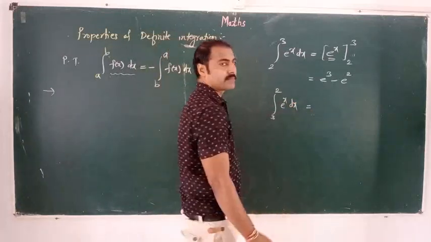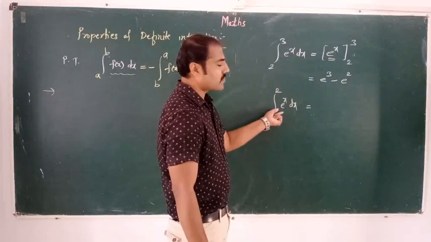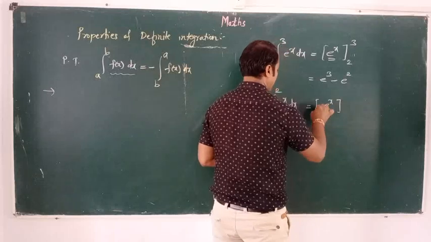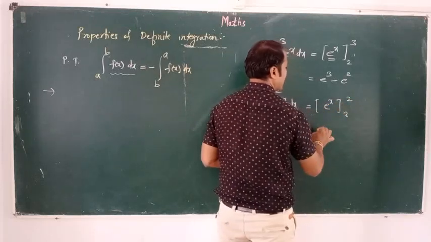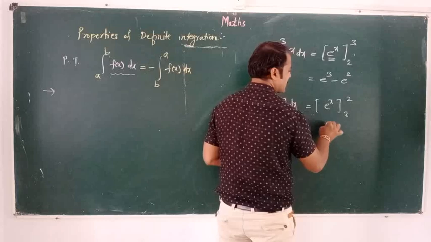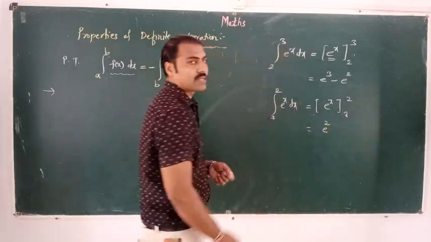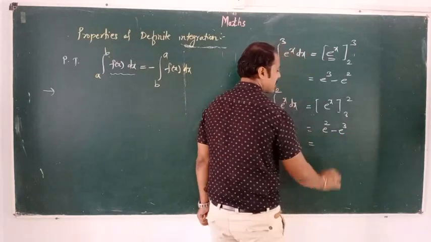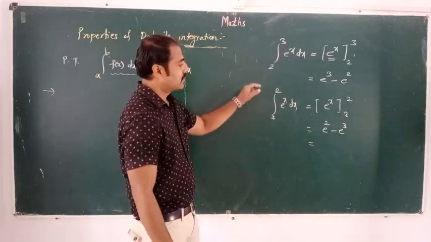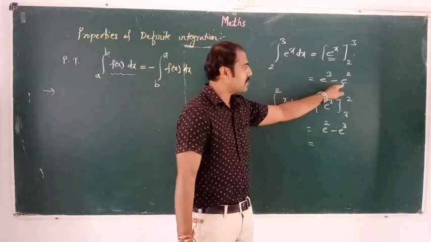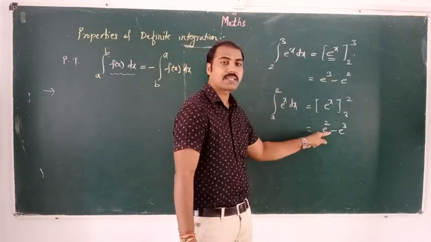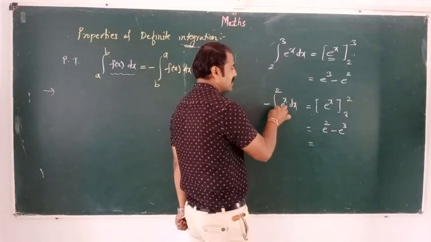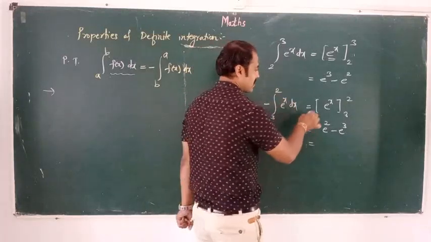The integration of e raised to x dx is e raised to x, so I can write e raised to x, value of the primitive from 3 to 2: the value of the primitive at the upper limit, replace x by 2, so e raised to 2, minus the value of the primitive at the lower limit, e raised to 3. But look at the answers: e raised to 3 minus e square, and here e square minus e raised to 3. We check minus integral 3 to 2 e raised to x dx.